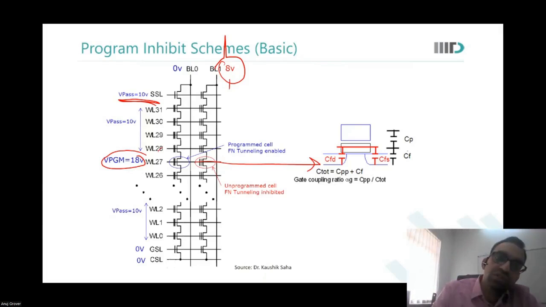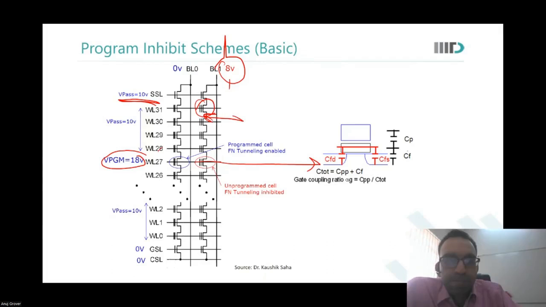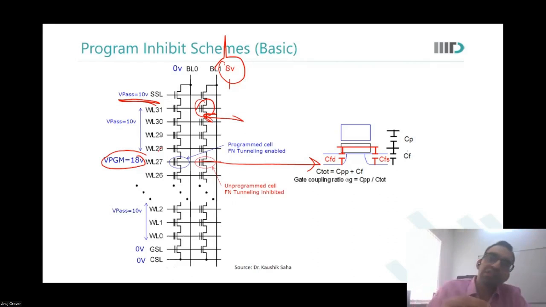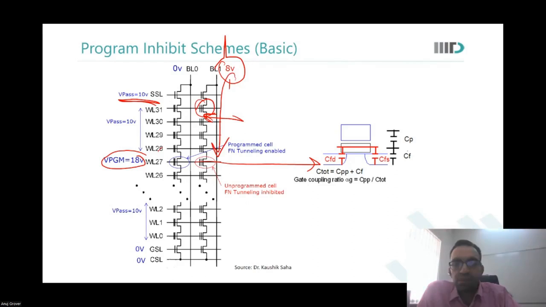This 8 volts, so look at it like this. This transistor, the gate is at 10 volts, bit line is at 8 volts. What happens to this internal node over here? What would appear here? If the VT of this device is 2 volts, what will appear on this node? 8 only. 8 volts. So this 8 volts will pass to this last device.